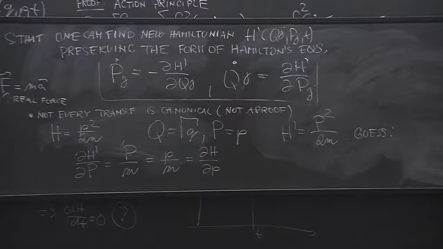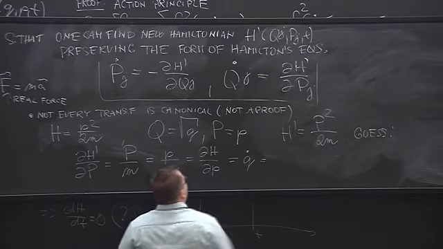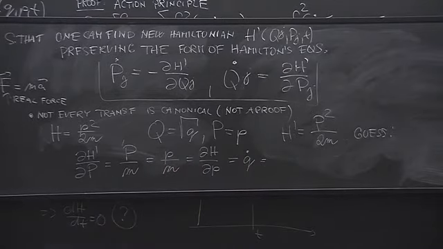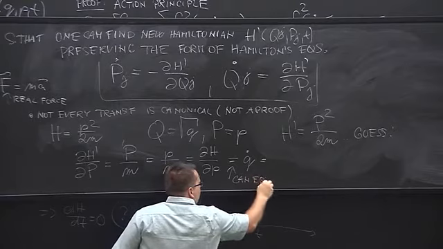But I know that dH original over dP satisfies the canonical equations. So this must be equal to q dot. So here I'm using the canonical equations.